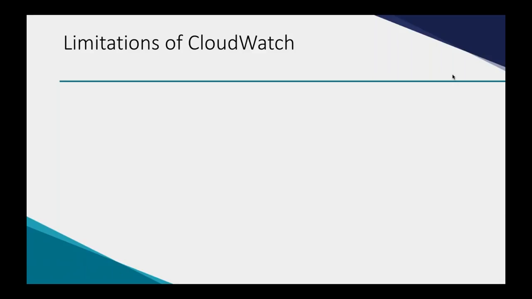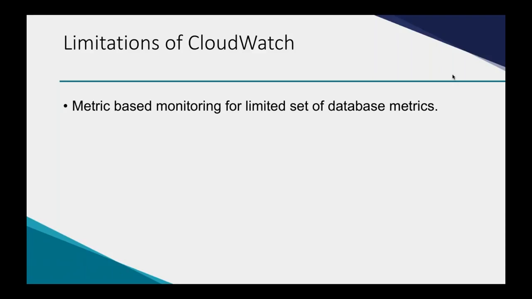There are a lot of benefits, but CloudWatch primarily monitors the cloud resources and a set of limited database metrics like error logs, slow query log, general query log, etc.